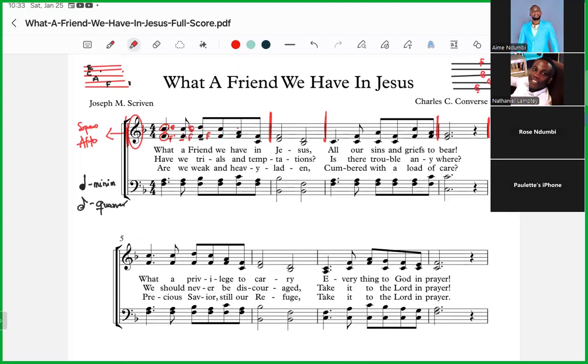We realize that this note is on the line, so we go to the line aspect: these are the spaces, four spaces, and these are four lines. What line is it on? Over here it's on the one, two, three, fourth line. So the fourth line is what? A D. So this becomes a D.